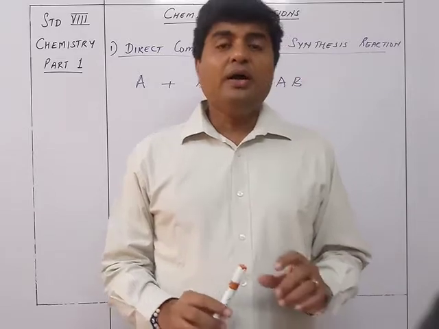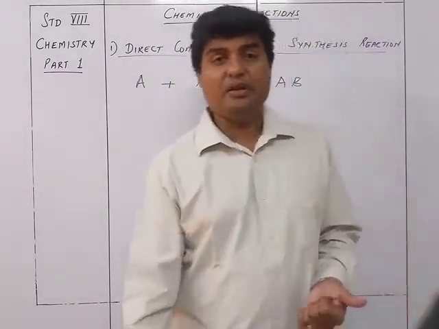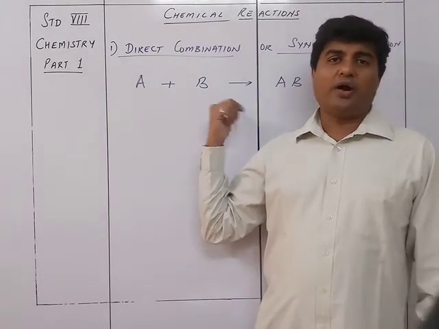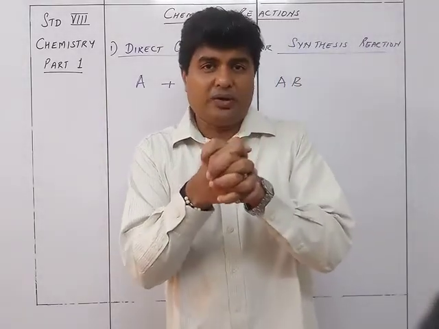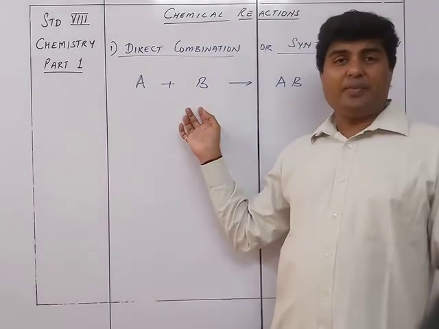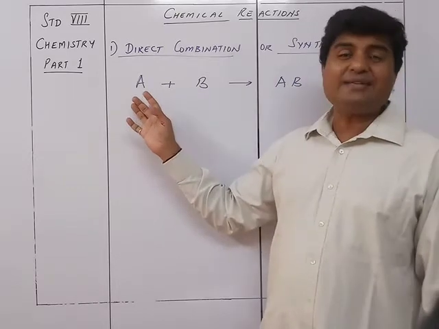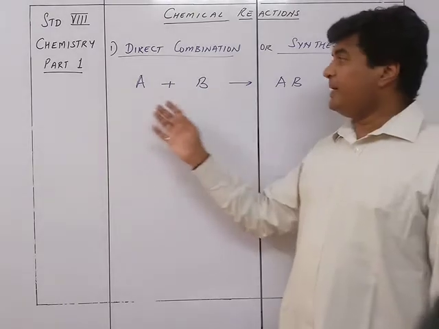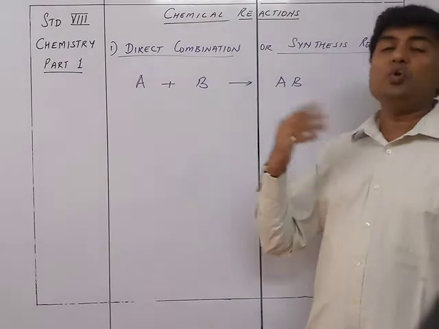This could be of multiple types. For example, A could be a metal, B could be a non-metal, and a reaction is given where metal and non-metal combine together. It could be that A is an element, B is an element, and both combine to form a compound. It may happen that A is an element but B is a compound, giving you another compound. Or maybe A and B both are compounds and they combine to give you a new compound.